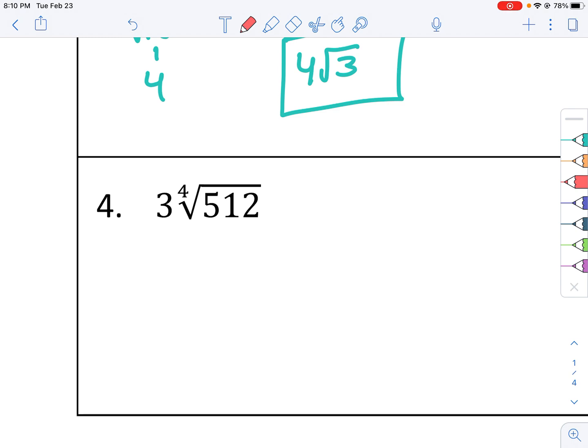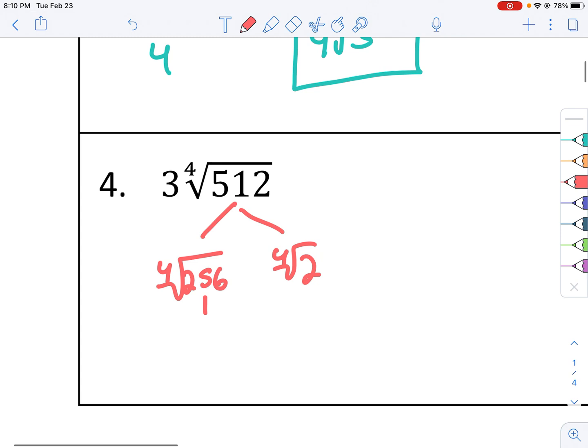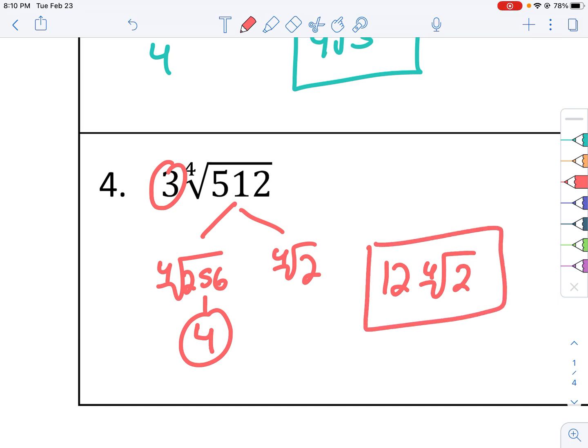Okay, so 512. Oh wait, not too big. 512 divided by 256. Let's see if that works. Oh, it is. So it's the fourth root of 256, fourth root of 2. I don't know why I missed that one. So that's 4. So 4 times 3 gives us 12, fourth root of 2.